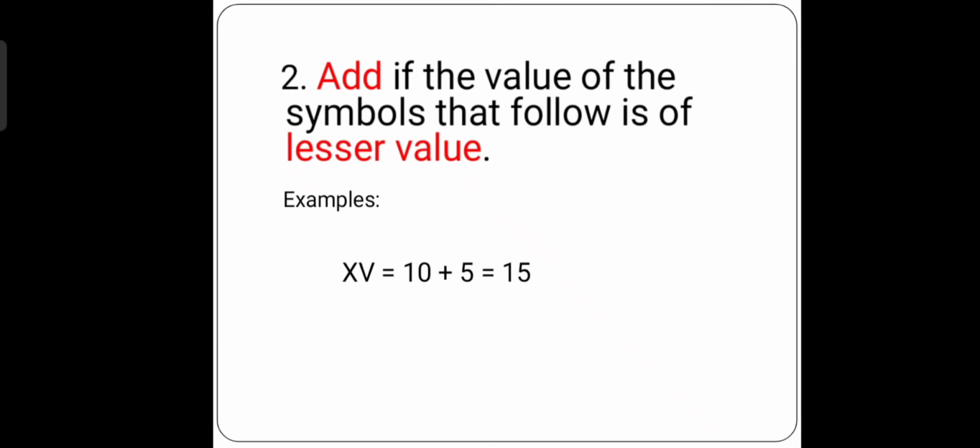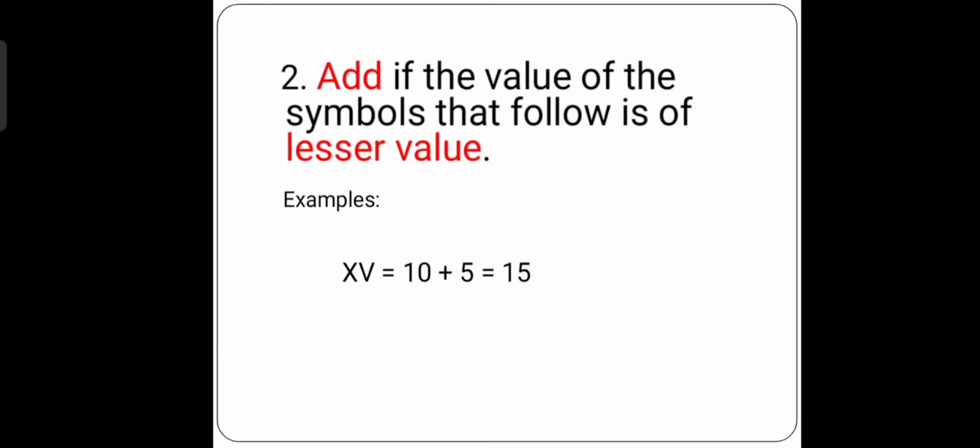So what we will do with these symbols is add. We have X, which is 10, and then V, which is 5. Adding these symbols, 10 plus 5 equals 15. So, what is the value of X and V?